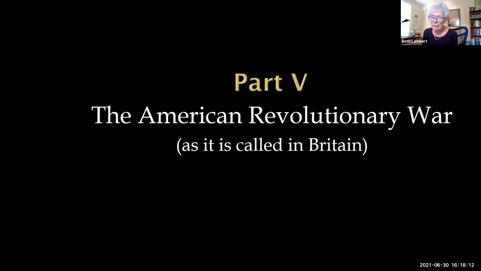So initially they were not looked askance, but as things began to heat up, in particular when Washington took over the troops, then they were looked upon as the enemies. And if they had been captured during the American Revolution, if we lost that war, they would have been hanged as traitors.